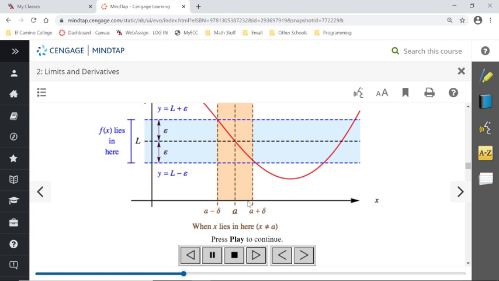Why? If we choose the smaller delta, whatever the smaller delta is, it will guarantee that we can only move that distance from a regardless of what direction. So suppose that to the right we had a smaller delta. If we choose the one to the right as our delta, it tells us that we're never going to go farther than that same distance to the left. And that same distance to the left, given that it was a smaller delta, is certainly not going to exceed the actual boundary on the left.